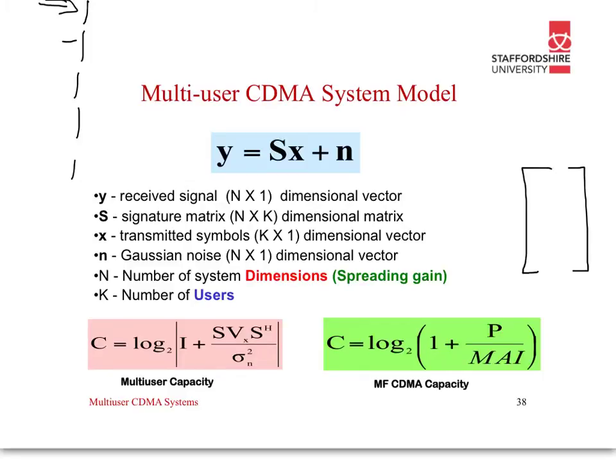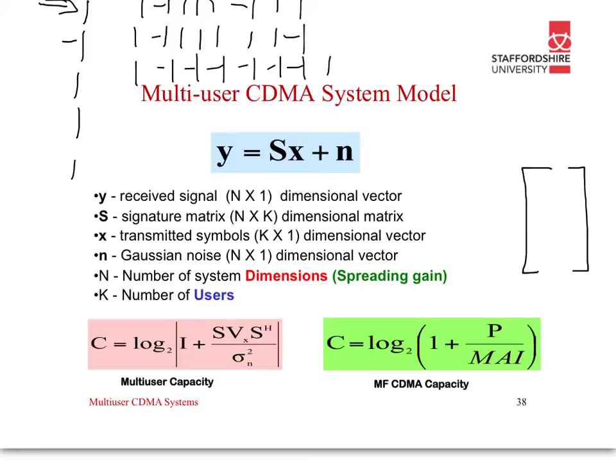X is a K by 1 matrix, or K-dimensional vector. And S is the signature matrix, which is N by K. N is the spreading gain and K is the number of users.